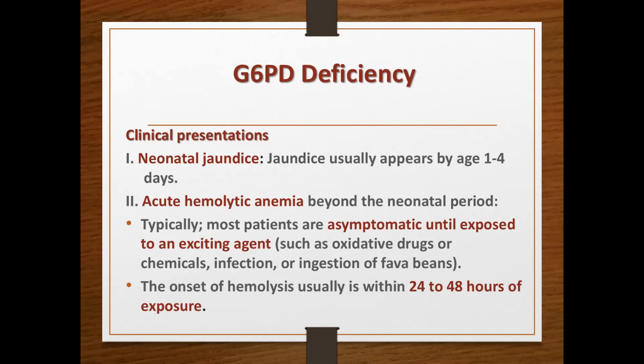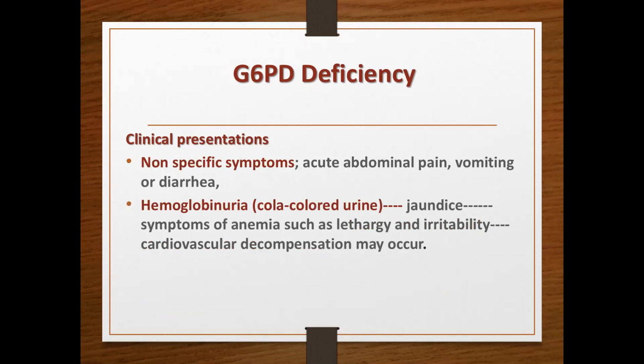The onset of hemolysis usually starts within 24 to 48 hours of exposure. Other non-specific symptoms are acute abdominal pain, vomiting, or diarrhea.